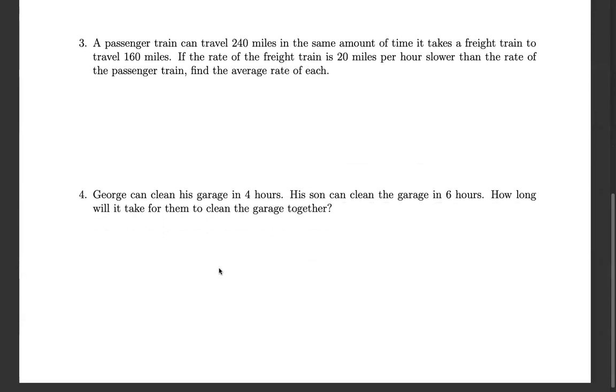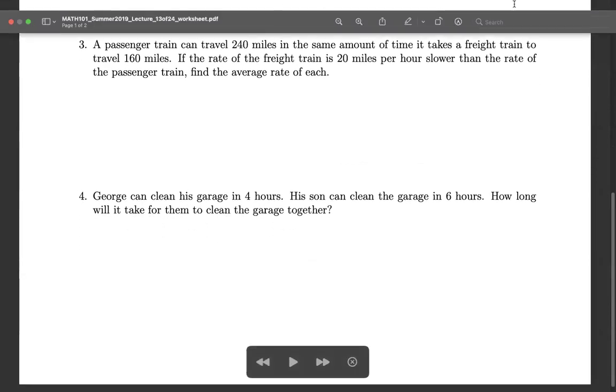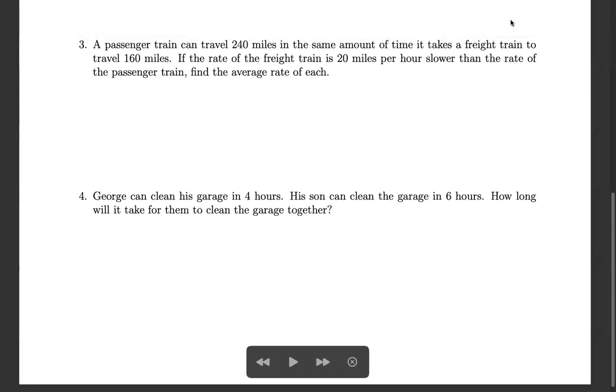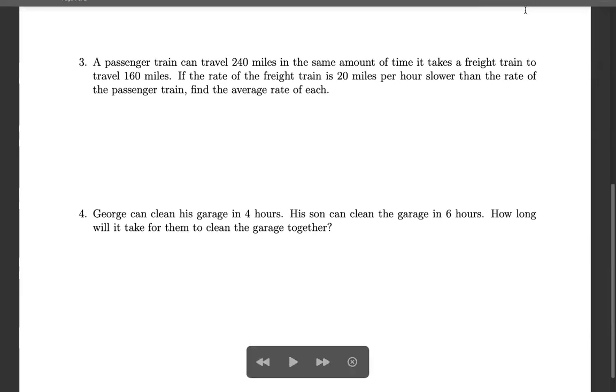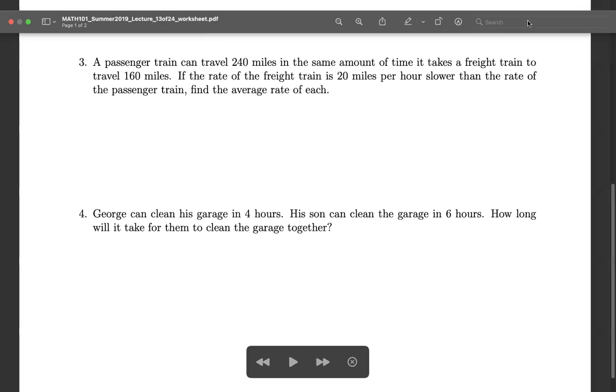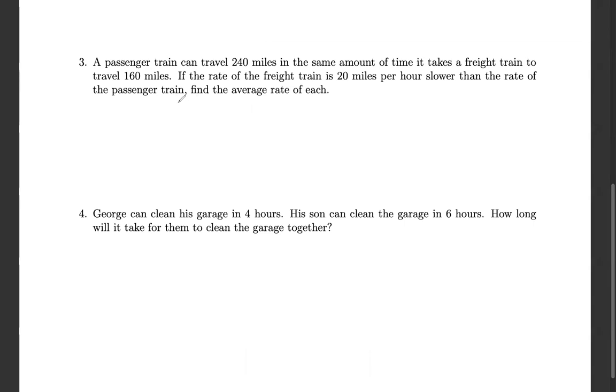Now, let's see 3. Okay, 3 is saying a passenger train can travel 240 miles in the same amount of time it takes a freight train to travel 160 miles.